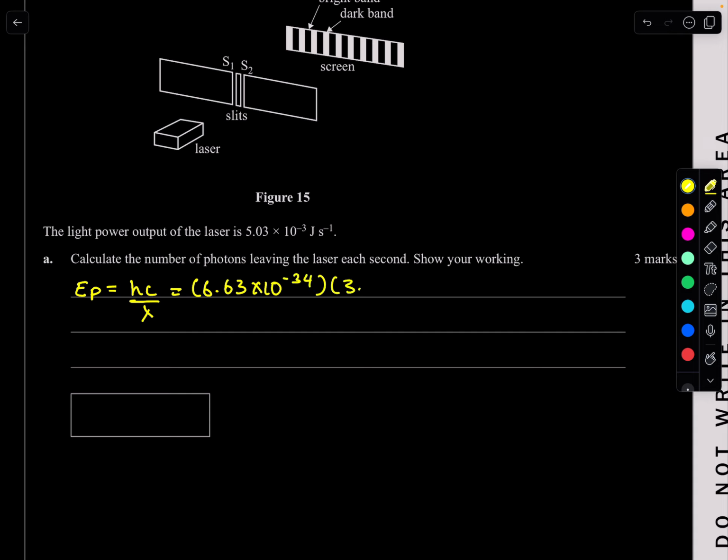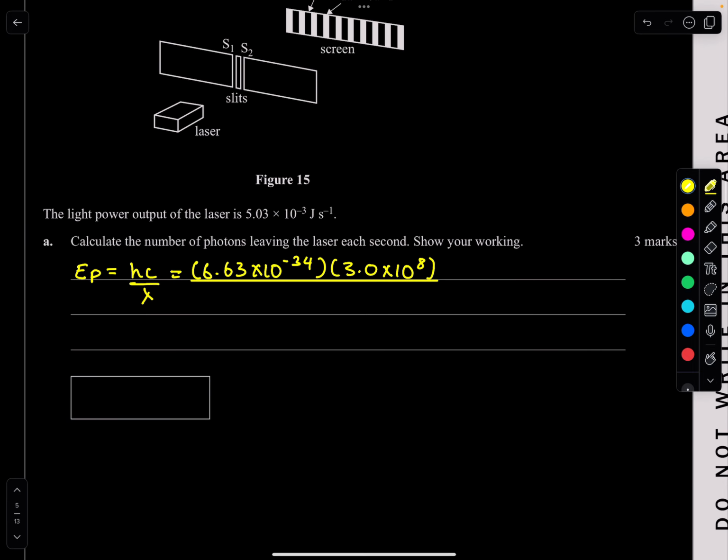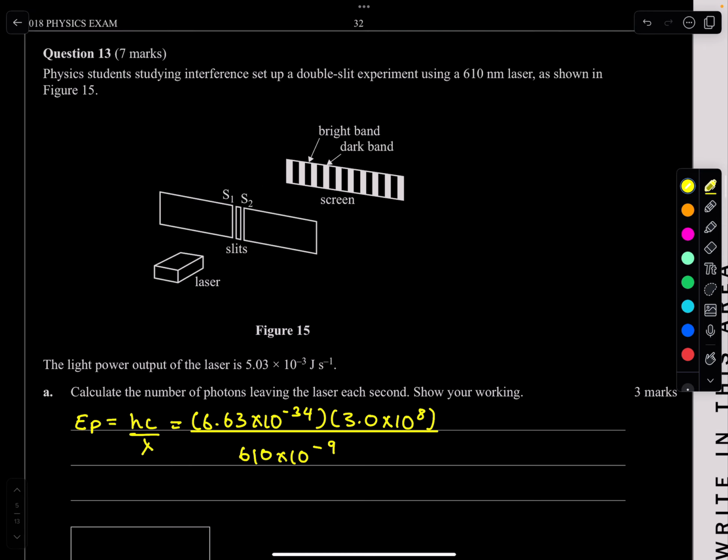Times your speed of light, which is 3.0 times 10 to the power 8, all divided by your wavelength, which is 610, so 610 times 10 to the negative 9. Is that right?